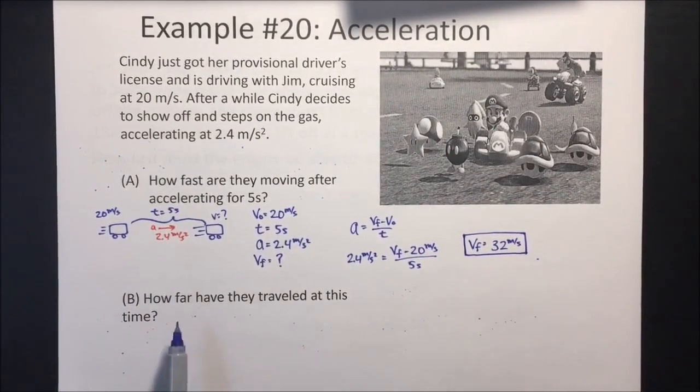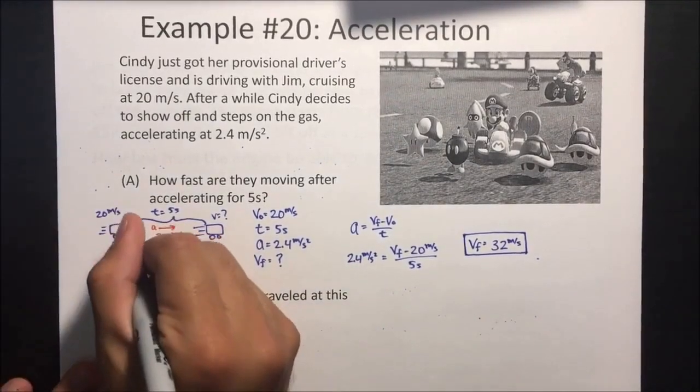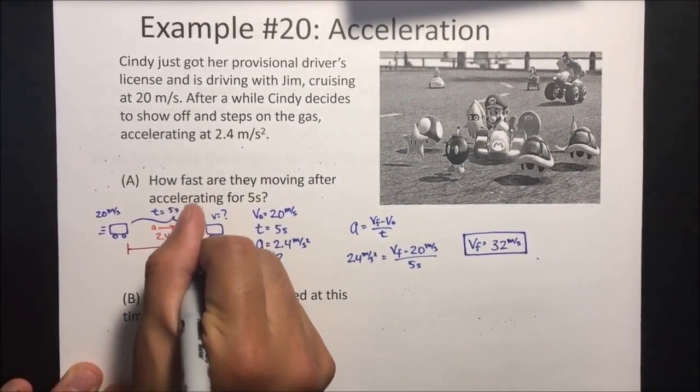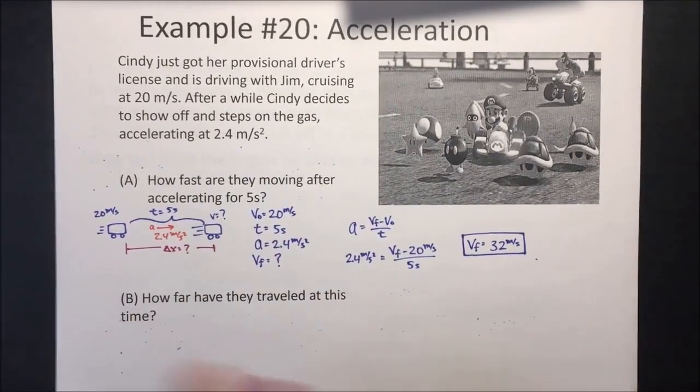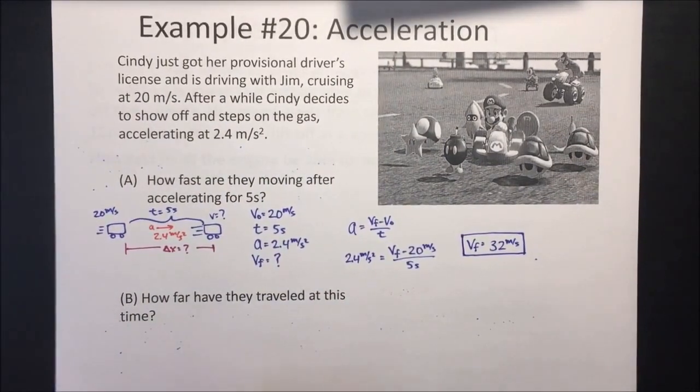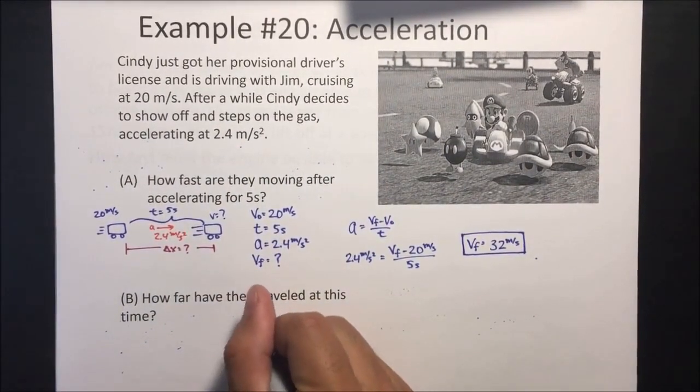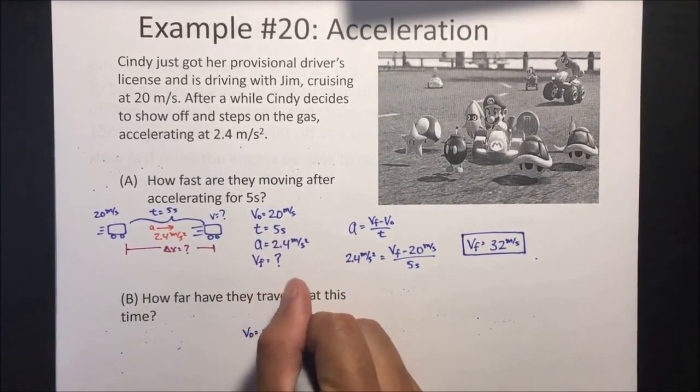Next question is, how far have they traveled at this time? So what we're looking for in this situation is how far they traveled in this time. So we're looking for the displacement. So we want to find out, again, everything we know. Again, we know the initial velocity is 20 meters per second.